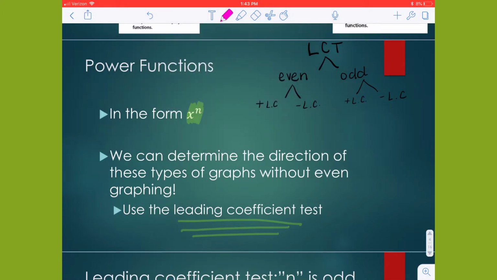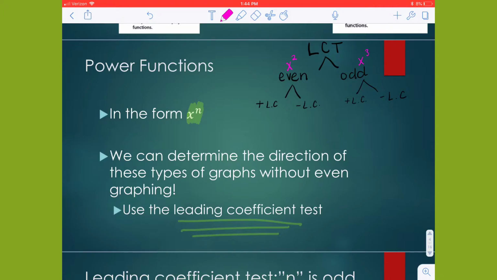So if I know that I am focused on the degree, x squared is a familiar function to you. And if I'm thinking about odd, x to the third power is a familiar function to you. What I'm trying to say with the leading coefficient test is that anything with an even degree power is going to share these common characteristics.